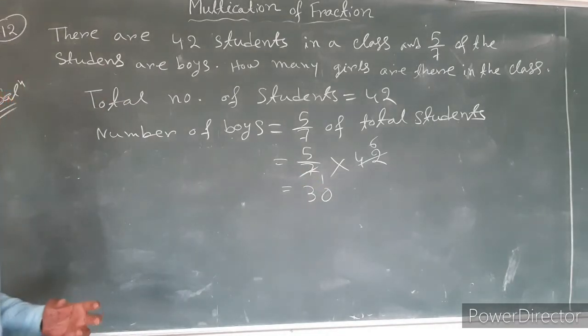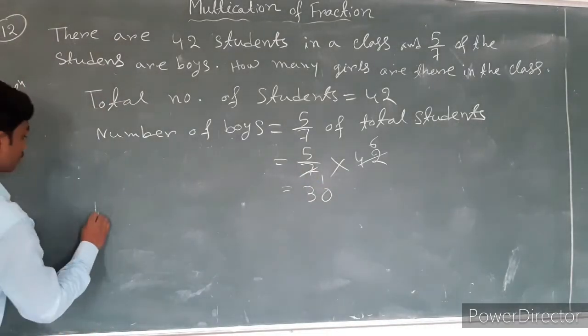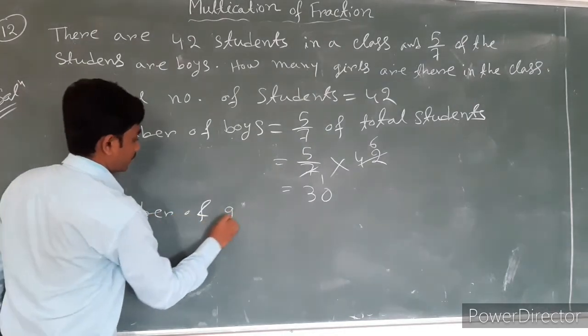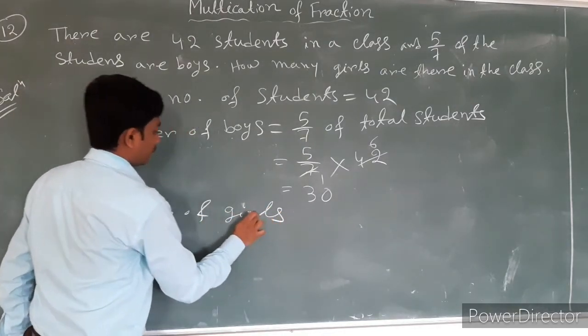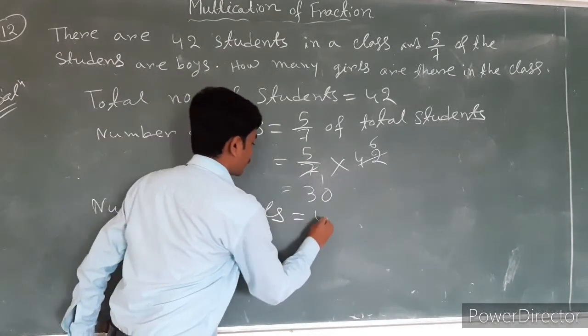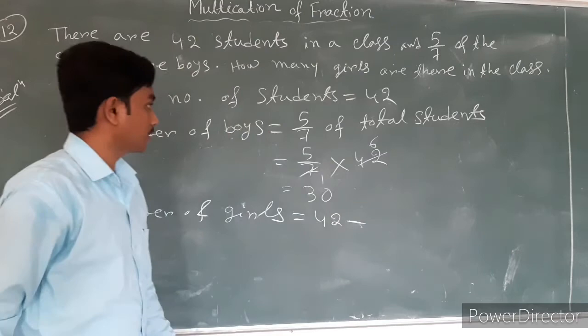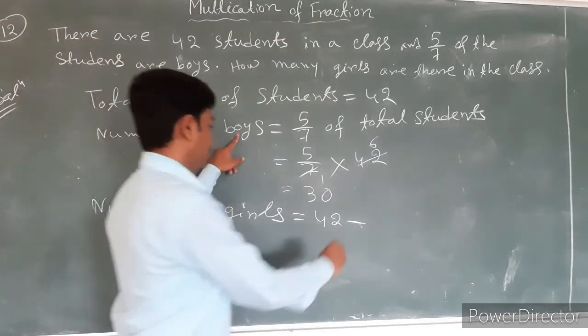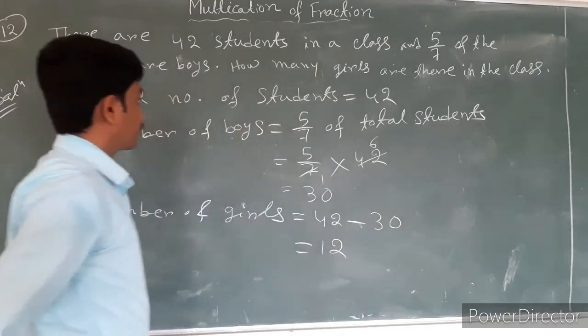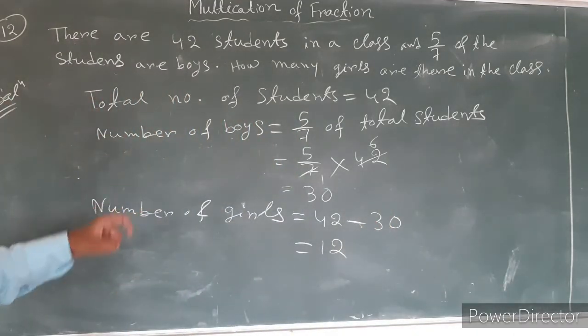So how many girls are there? Number of girls is equal to total students, that is 42, minus number of boys 30, which is equal to 12. So there are 12 girls in the class.